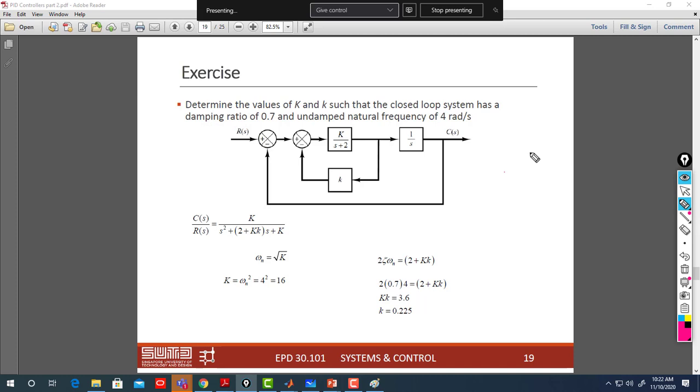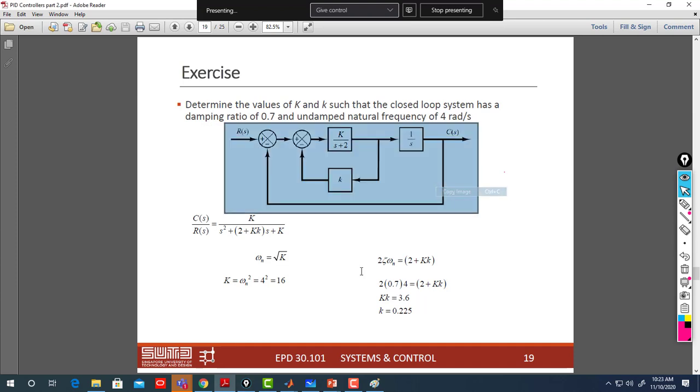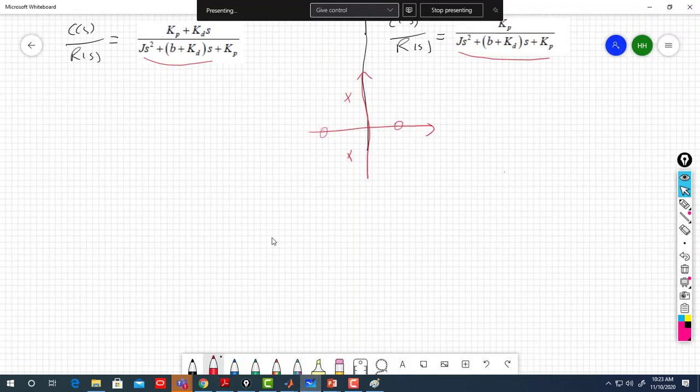All right. Determine the value of k and K such that the closed loop system has a damping ratio of 0.7. So let me take this image and put it here and do the exercise.